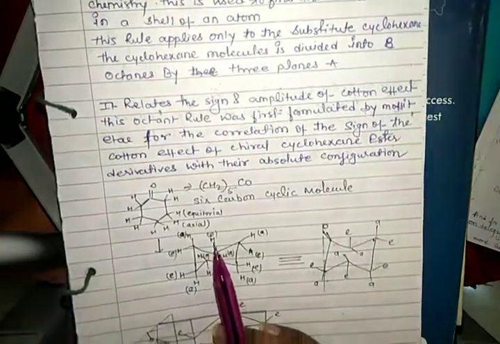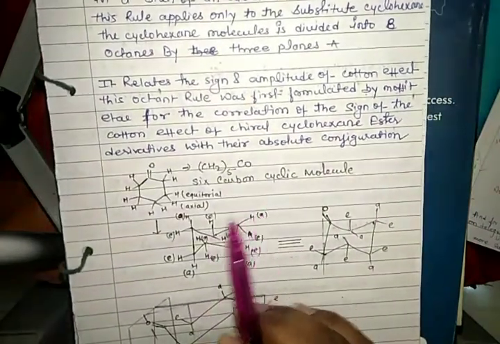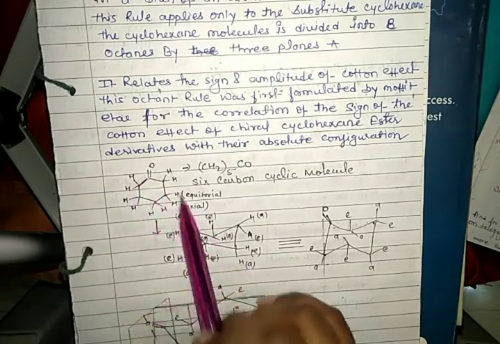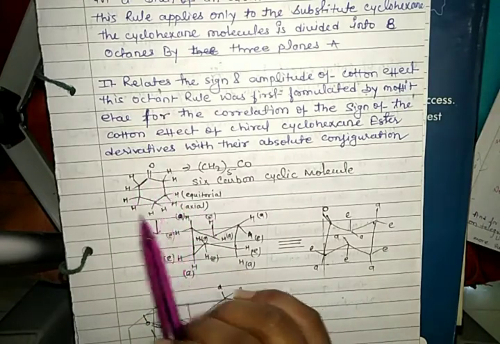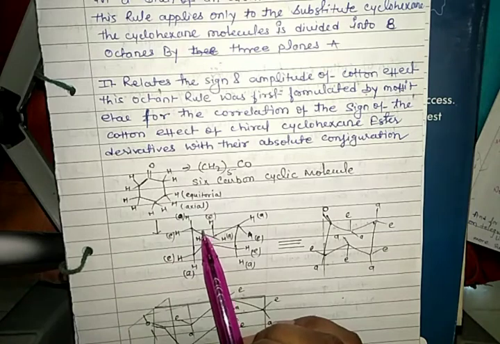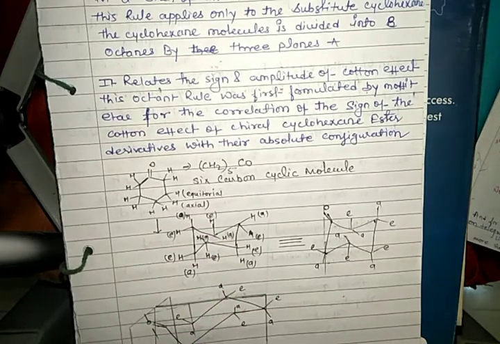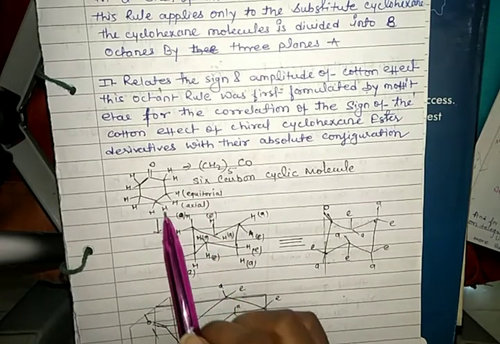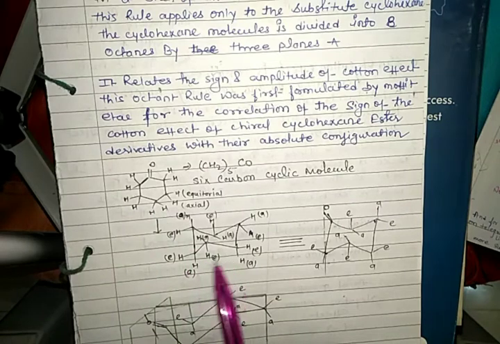So there is given an example of a ketone. This is a 6 carbon cyclic molecule. We have to change this structure into chair form, and then we see the different rules of octant in chair form structure.